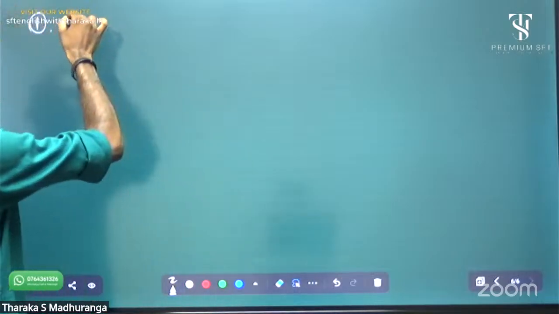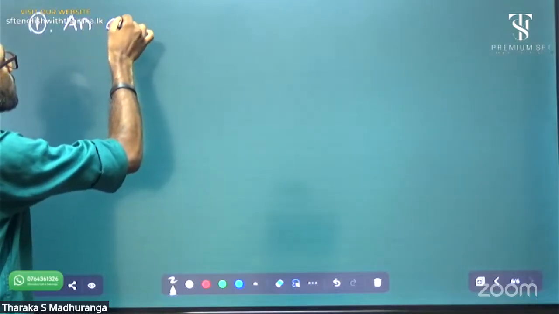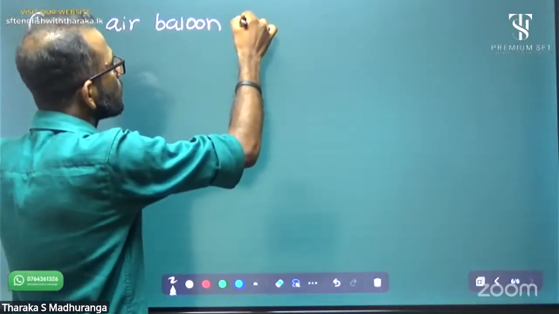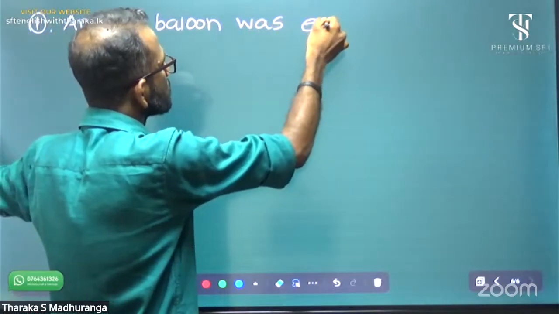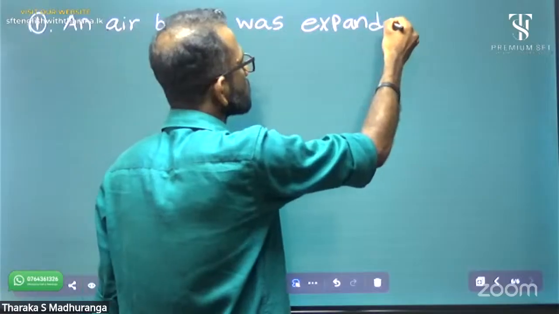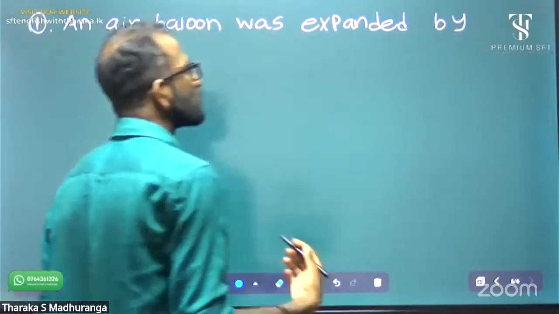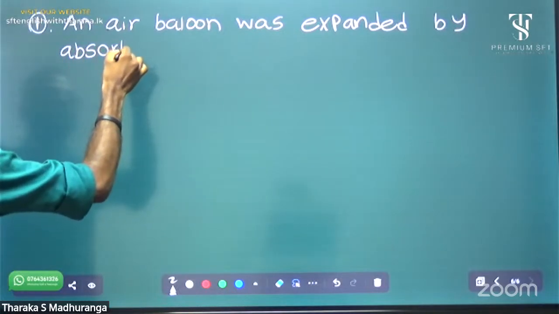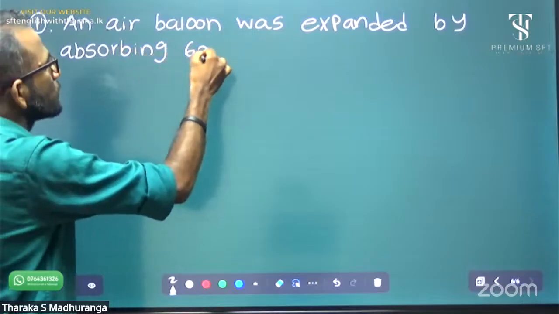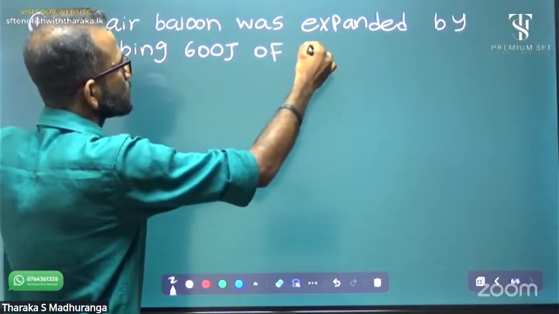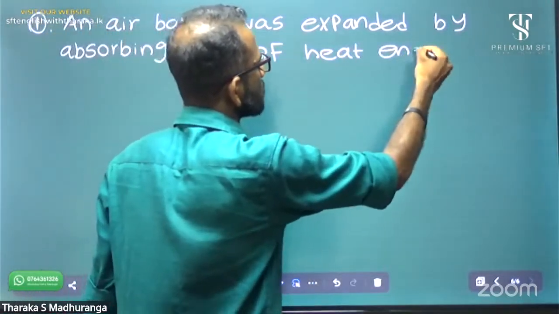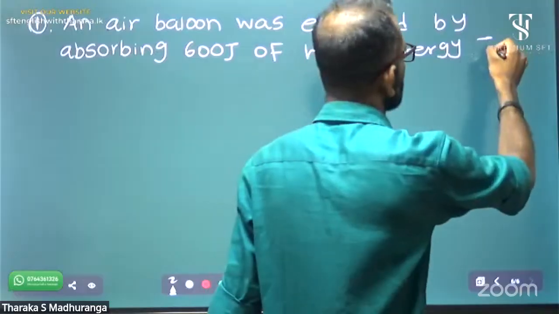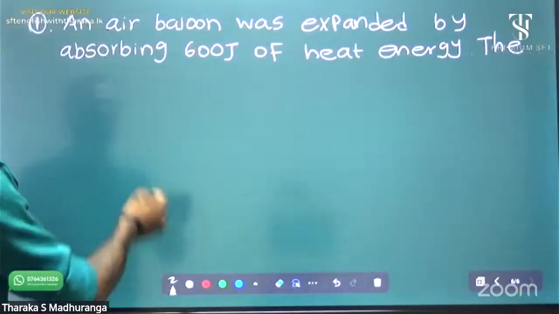An air balloon was expanded by absorbing 600 joules of heat energy.